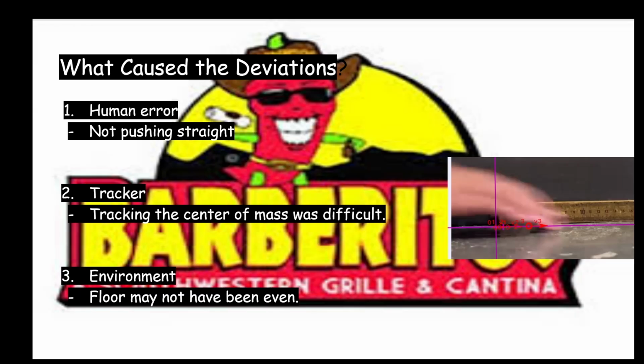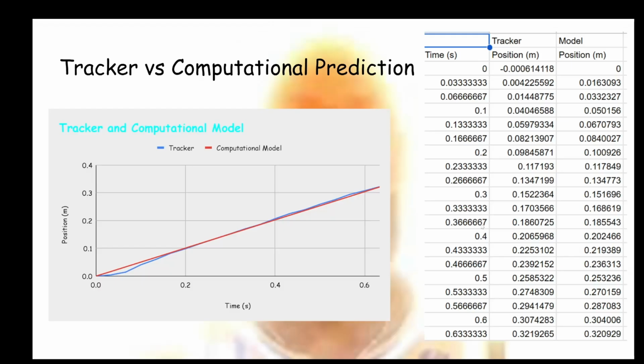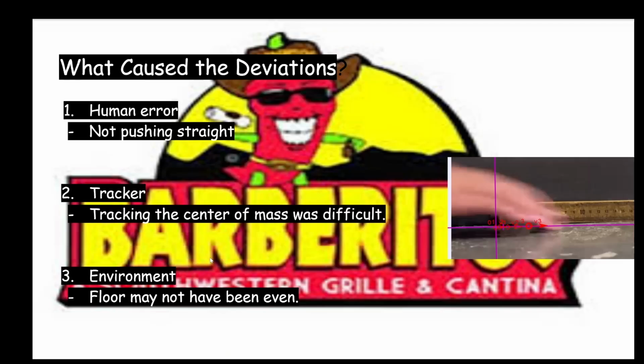And then Tracker, which was tracking the center of mass, was difficult, and I think this was the biggest one. Here you can see that the initial frames were extremely hard to see where the object was, so I think this was part of the problem of why this beginning data is so off compared to the computational model. And also the environment, as the floor may not have been even.